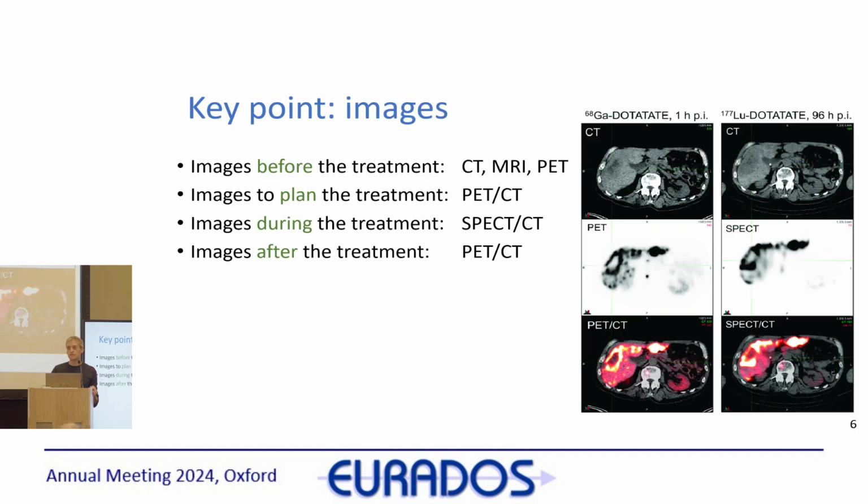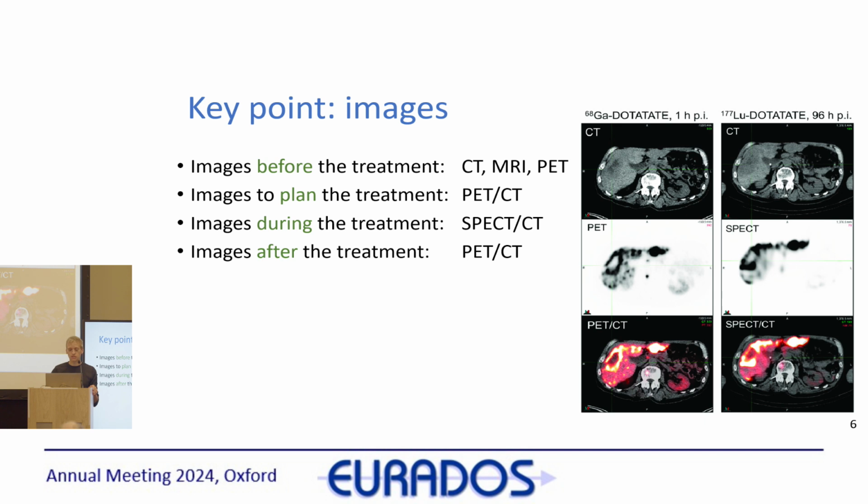For the targeted radionuclide therapy, you need to keep in mind that a key point is that we use images all along those treatments. So we use images well before the treatment in order to see if this kind of treatment could be given to the patient. Then we use images just before the treatment in order to plan it, to check that the compound is really well into the tumors.